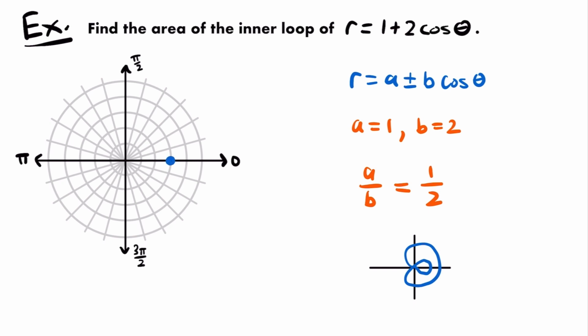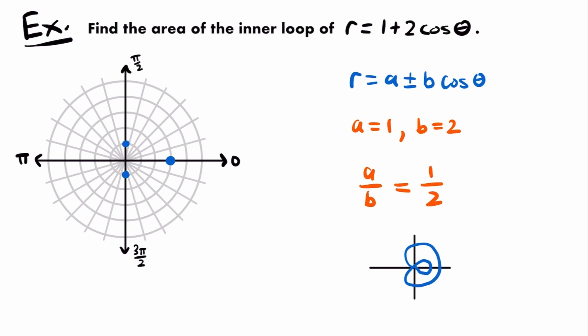Now, for some more points, we know that the limacon is going to cross through the vertical axis at a value of a above and below the polar axis. And our value of a is 1. So our radius of 1 above the polar axis is right here. So we're going to cross through at this point, and we're going to cross through at this point, which is a value of 1 below the polar axis.